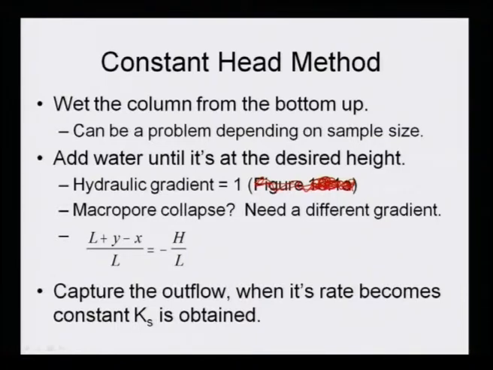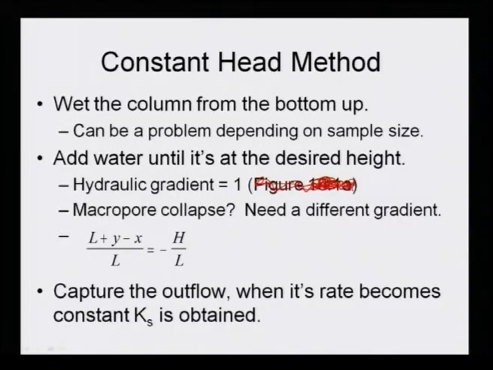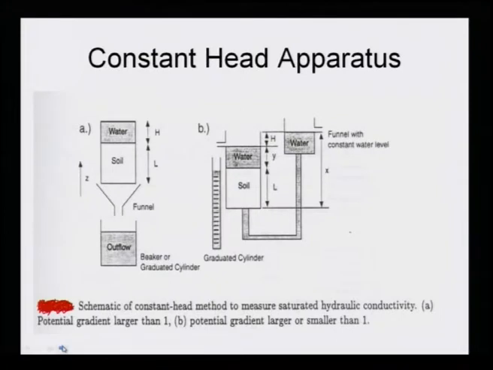Add water until the hydraulic gradient becomes 1, that means the rate becomes constant, and you collect water in a stipulated time. If you get the same amount of water at regular time intervals, then you can say the rate becomes constant. At that condition you find the coefficient of permeability of the soil.